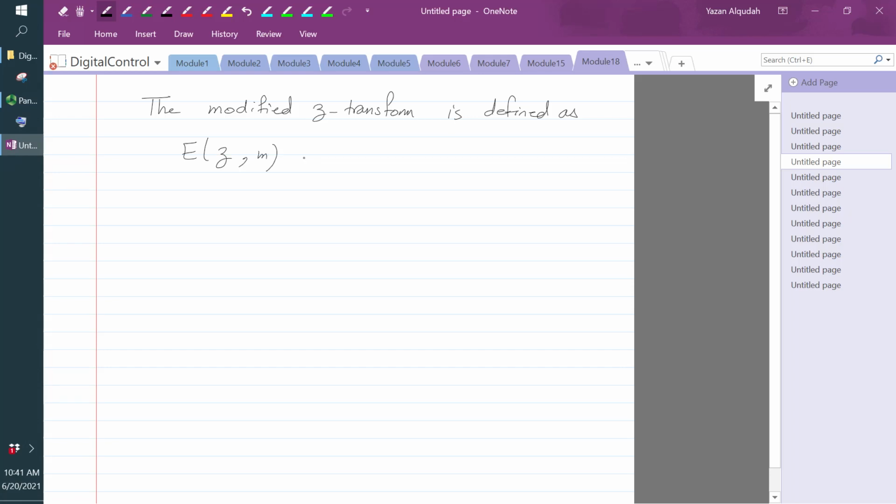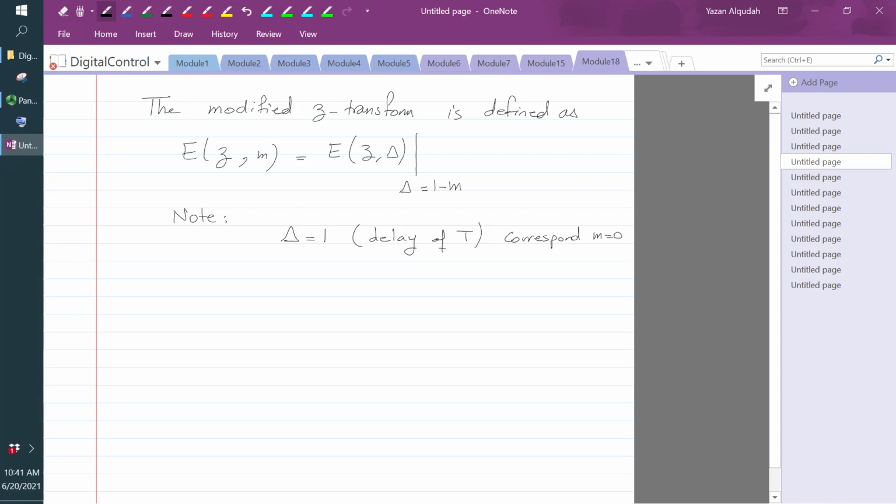E of z m is equal to E of z comma delta when delta is equal to 1 minus m. So therefore, we can notice that when delta is equal to 1, it means we are delaying a whole sampling period. This corresponds to m equal to 0.